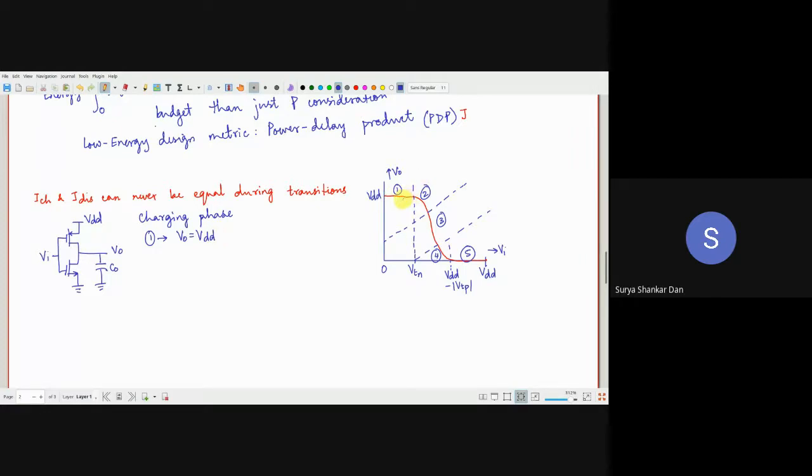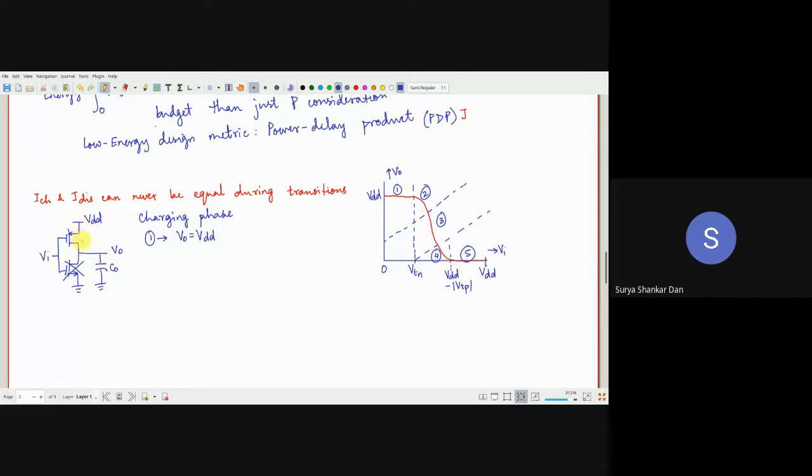However, you have to always keep in mind that technically, theoretically, ideally, this is VI, right? So VI should be less than VTN, as you can see over here in region 1. That means this NMOS is technically switched off.